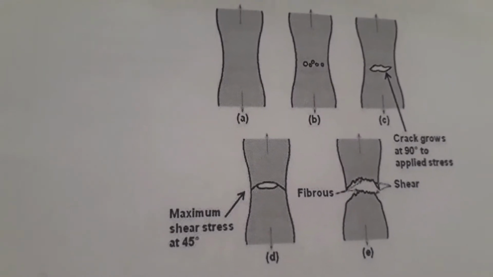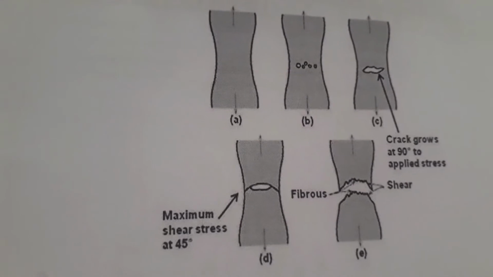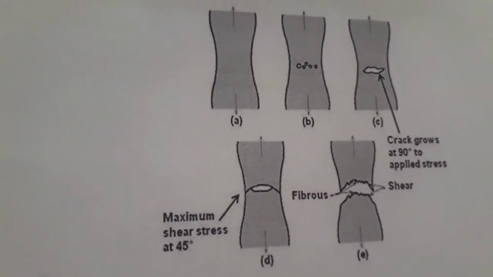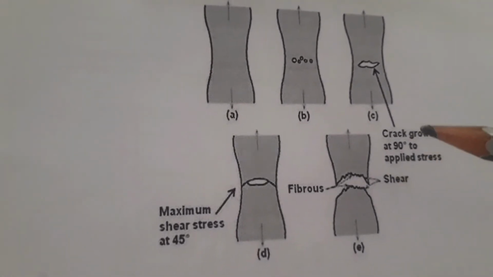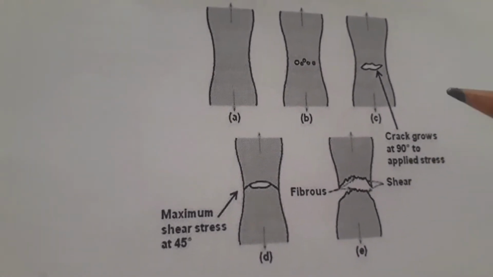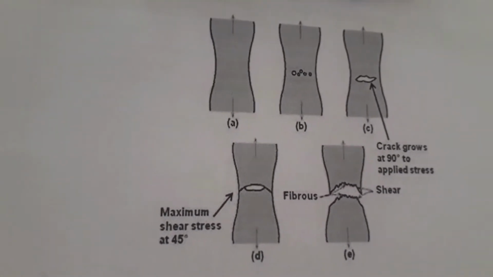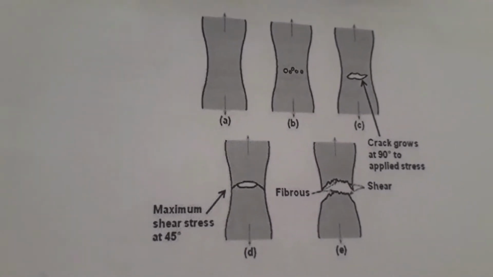Next, deformation continues and micro voids enlarge to form cracks. The crack continues to grow and spreads laterally towards the edges of the specimen. Finally, the crack propagation is rapid along the surface that makes about a 45-degree angle with the tensile stress axis.